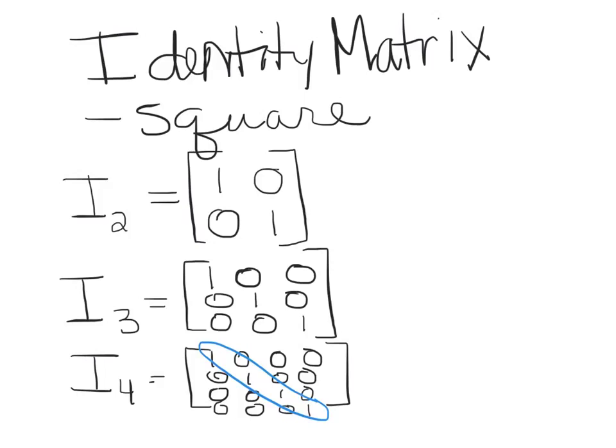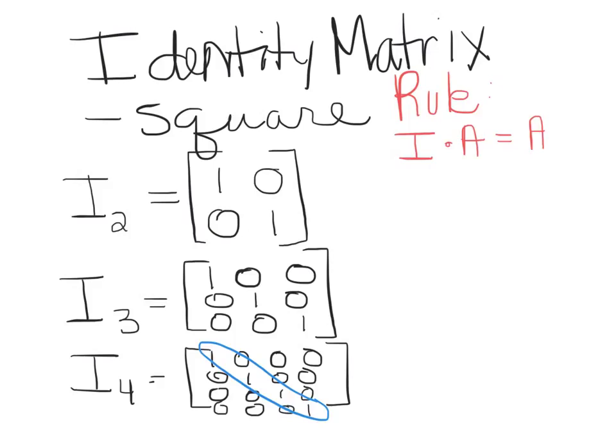What makes it so special is that there's this rule that says the identity times any matrix A, so make sure it's the correct size to multiply it, so choose which identity would be the right size, and you just get back A. It's kind of like multiplying a number by 1, you get back the number you started with.